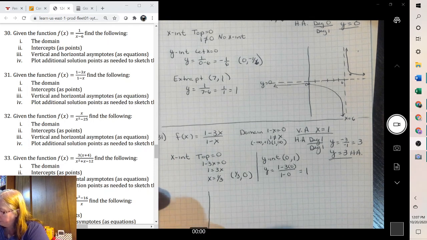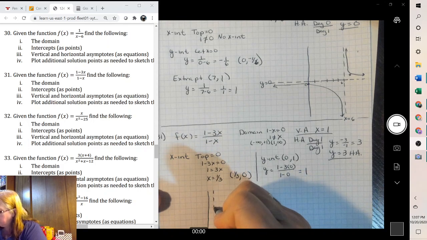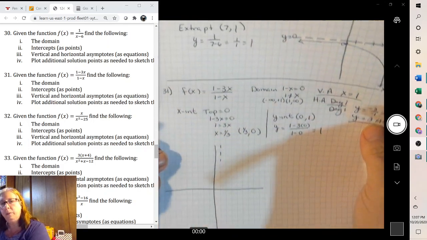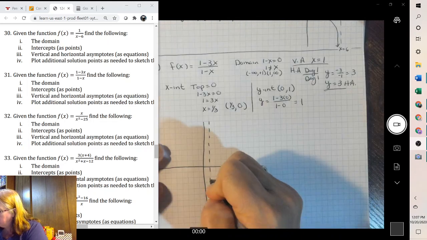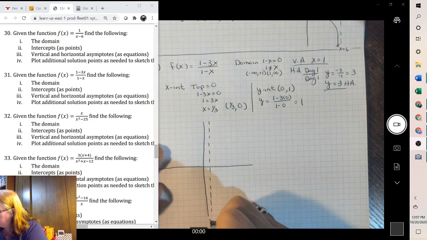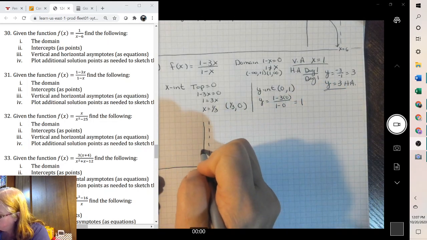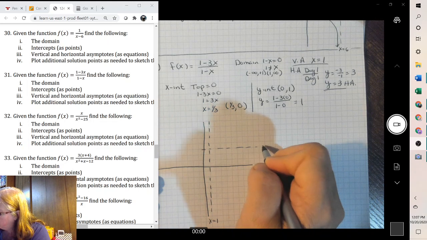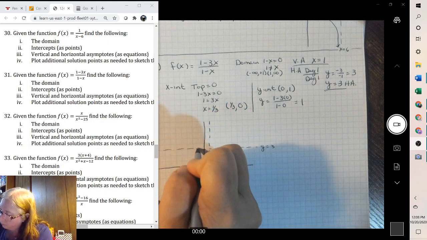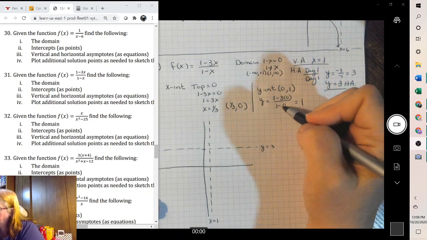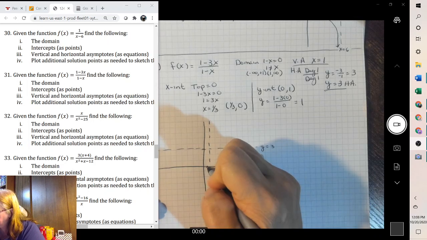So if we graph it, our vertical's at 1. Put this up some so you can see. Our horizontal was at 3. 1, 2, 3. And then our points, (1/3, 0), which is here.